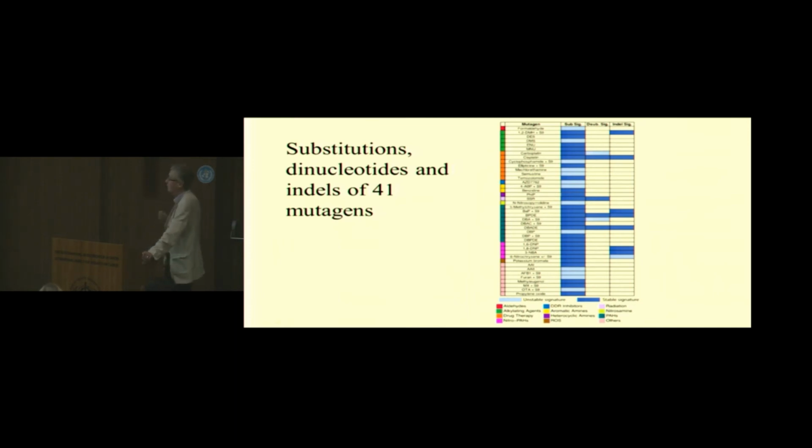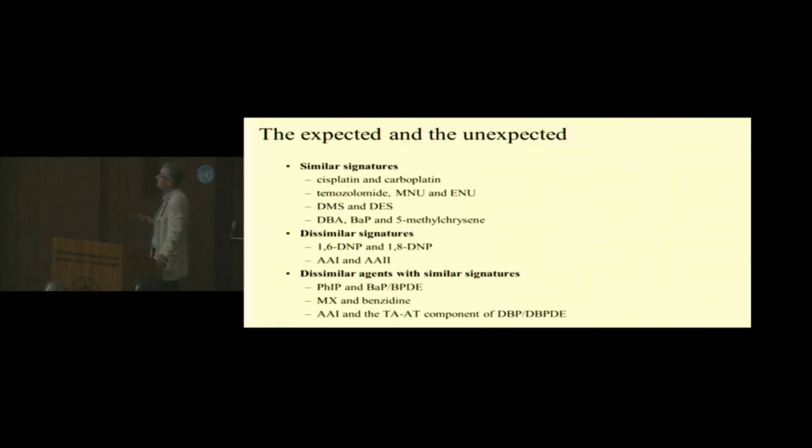And it's interesting from a technical, mechanistic point of view that we can see different types of signatures from the same agent, and this is giving us insight into how DNA is damaged by these agents and what cellular systems may be acting on them to attempt to repair them or fail to repair them and end up with mutational events. So overall, it's a mixture of the expected and the unexpected.